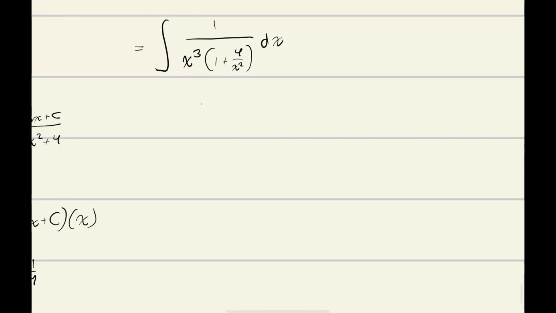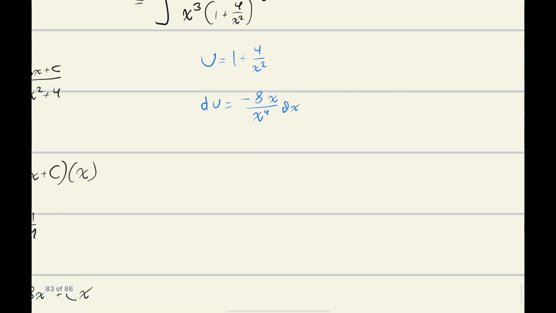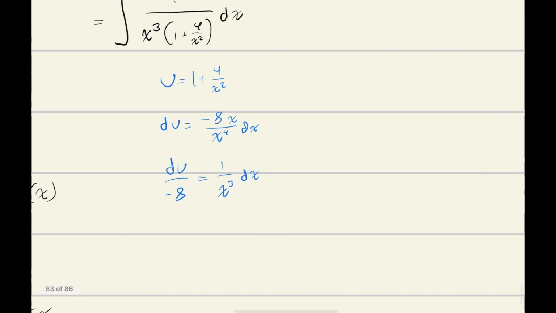And we can say u is equal to 1 plus 4 over x squared, which would make du equal to negative 8x over x to the 4th dx. And we can say du over negative 8 is equal to 1 over x cubed dx.